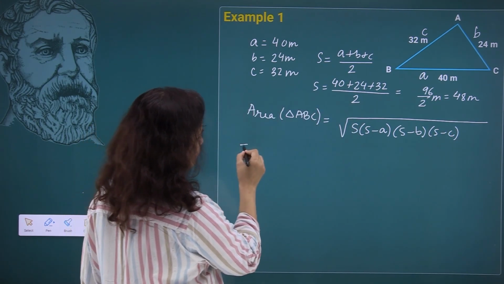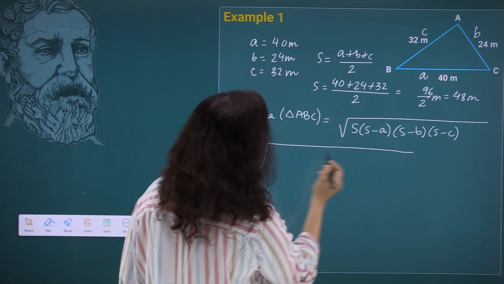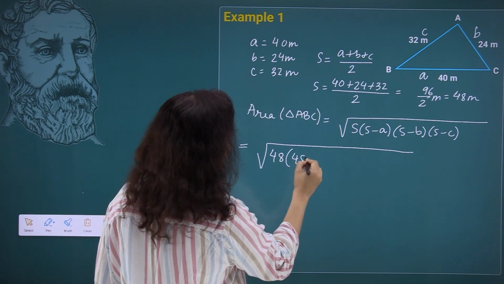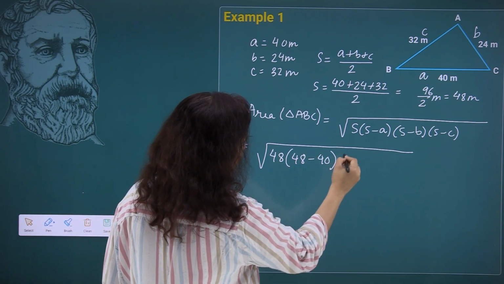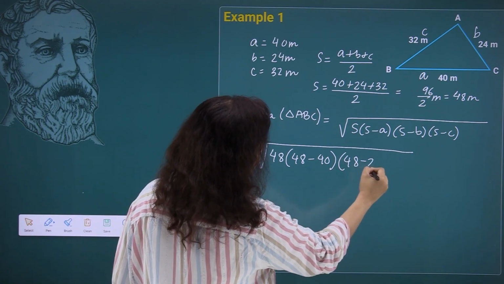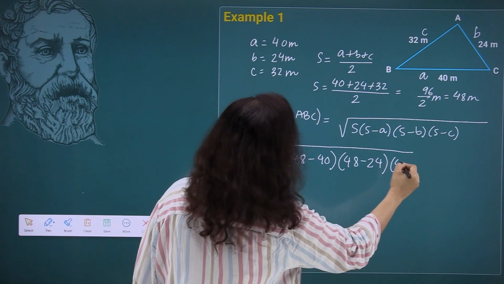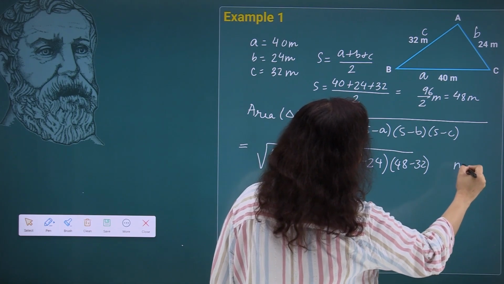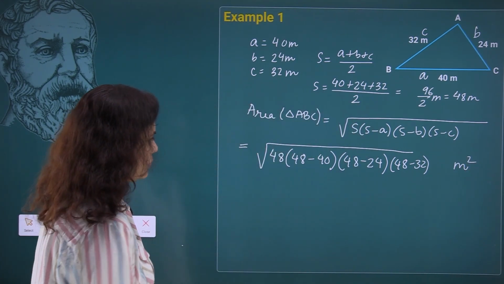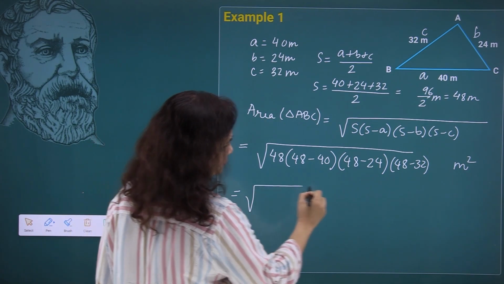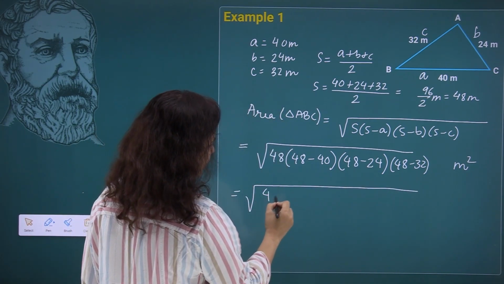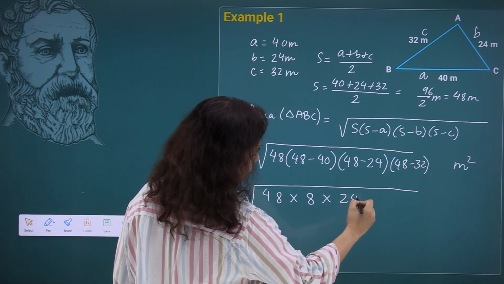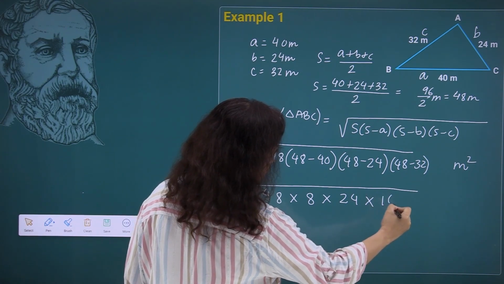Now substituting the values, I will get 48 into 48 minus 40 into 48 minus 24 into 48 minus 32, and the whole area will be in meter square. Calculating it further, 48 into 8 into 24 into 16.